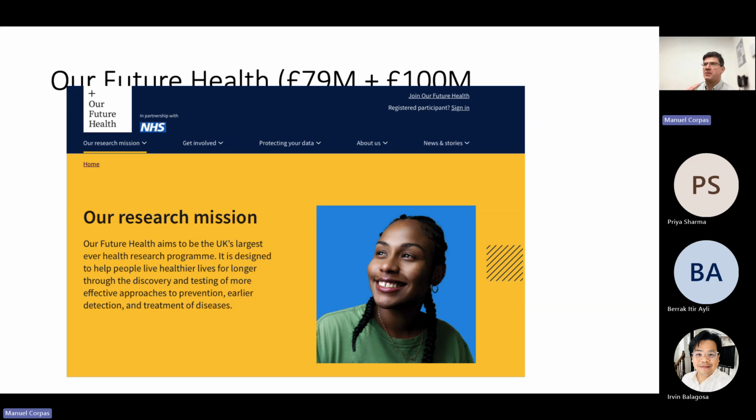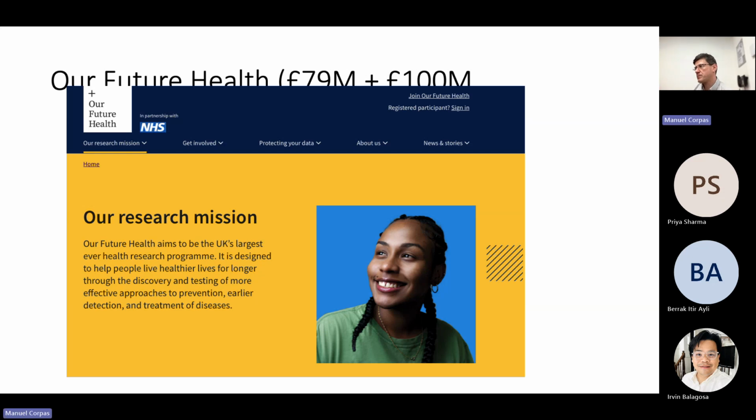As a consequence, the people who were recruited are more likely to be white, rich, healthy, highly educated volunteers. Our Future Health is more targeting underrepresented populations. They go to where the least well-represented communities are. They have a lot more engagement.